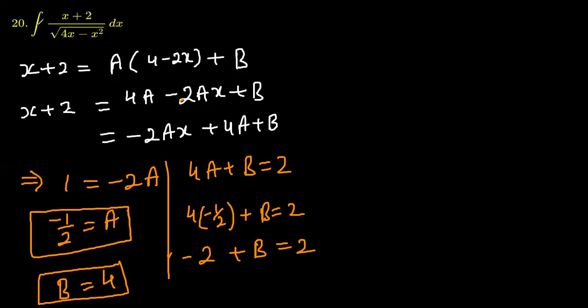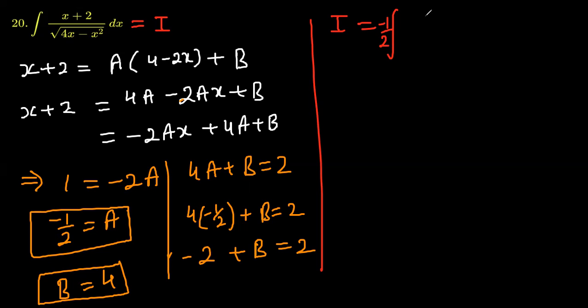Our question, if we say this is equal to I, the integral I is going to look like the integration of a times 4 minus 2x. So a being a constant, we can write it outside. So minus 1 by 2 is written outside.